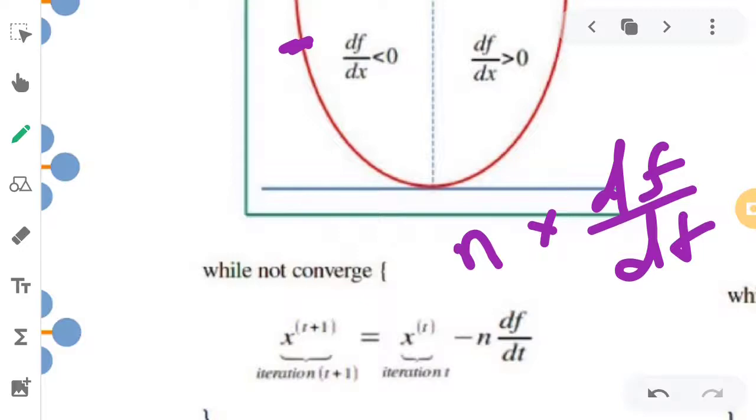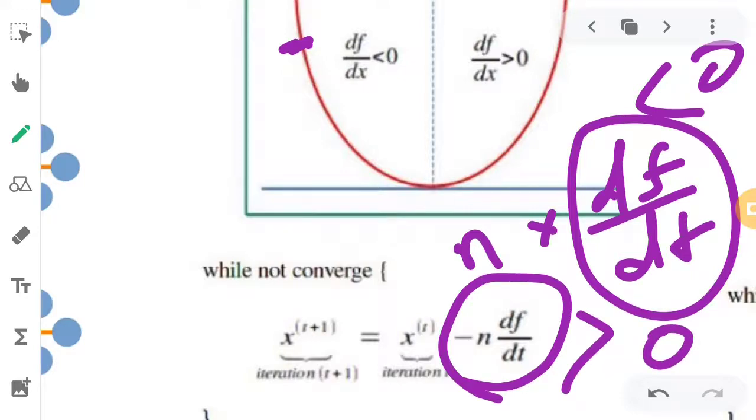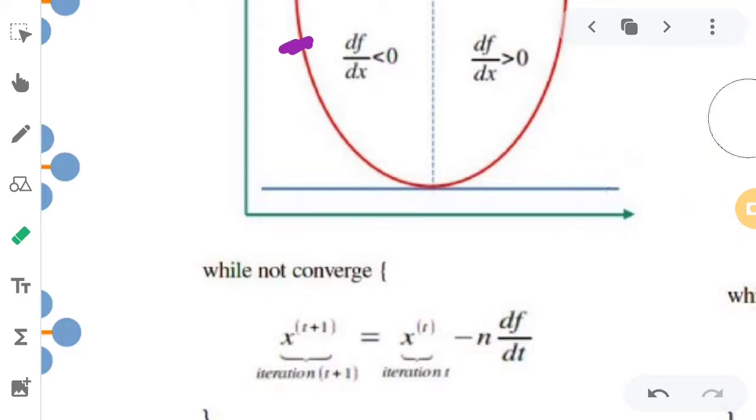Here this term is negative, and this is also negative. So negative and negative, this is positive. So x(t+1) equal to x(t) minus n df/dt. The point at time t+1 is here and at t here.